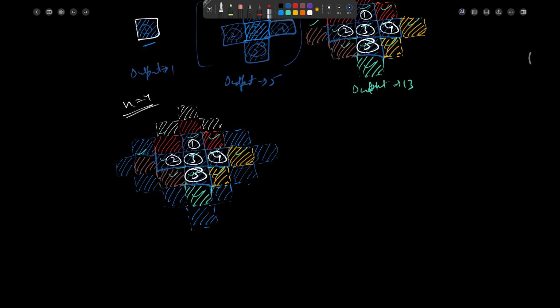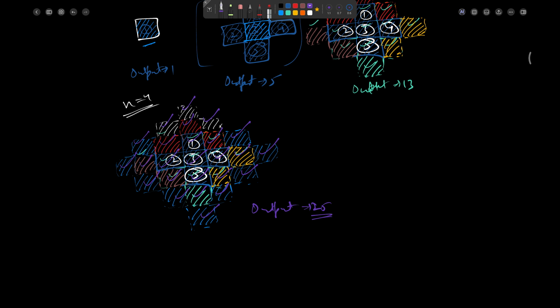We will count the squares: 1, 2, 3, 4, 5, 6, 7, 8, 9, 10, 11, 12, 13, 14, 15, 16, 17, 18, 19, 20, 21, 22, 23, 24, and 25. So we got our output as 25 here.